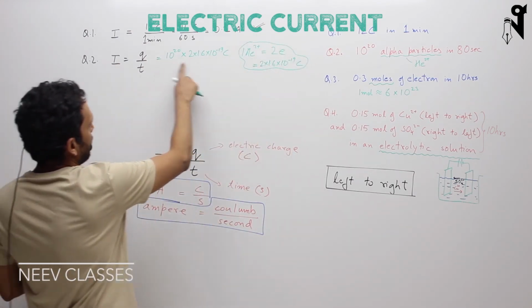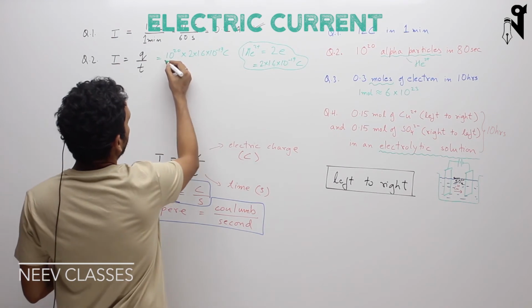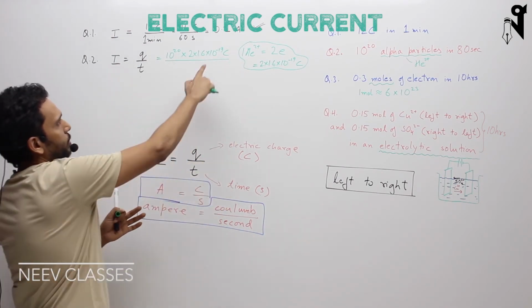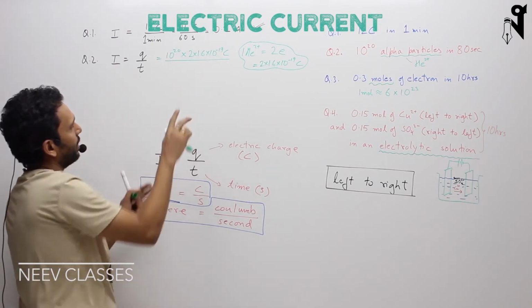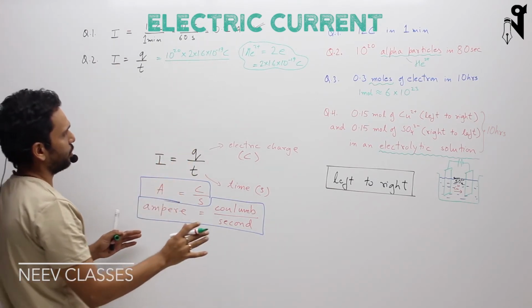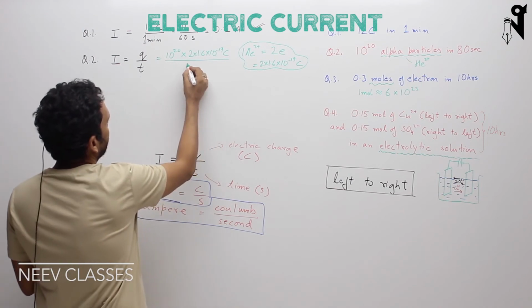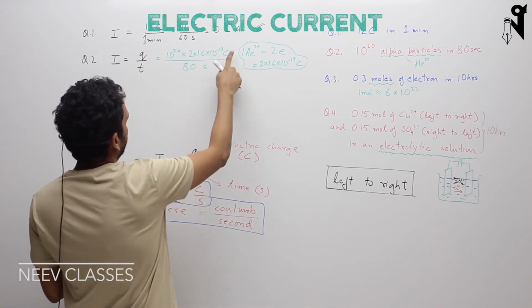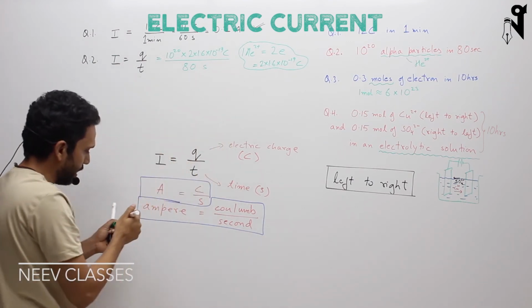That's the Q, that's the total charge you are having. Here you see a 10 power minus 19 and a 10 power 20, so you'll get a decent charge, some coulombs divided by 80 seconds. Do we have a coulomb by second? Yes, which will be called ampere.